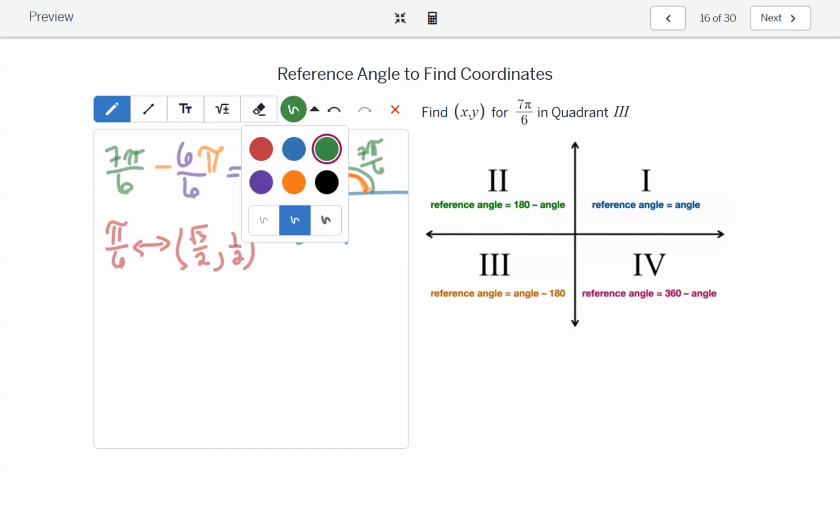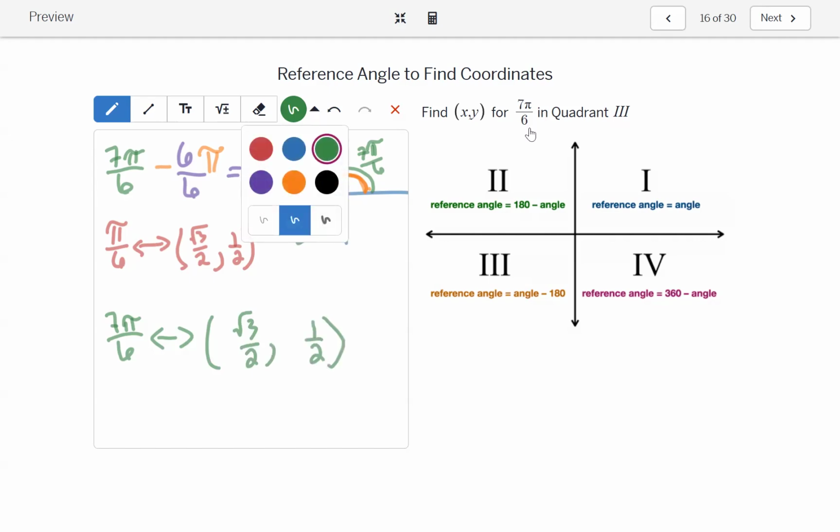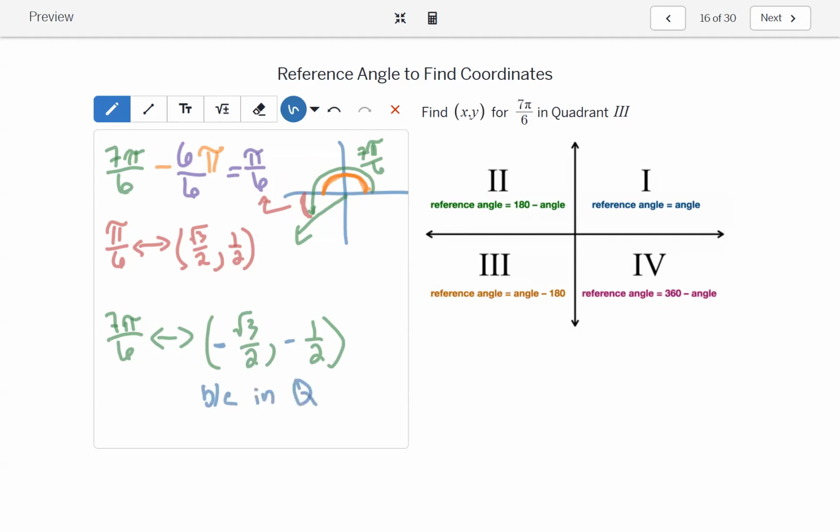So for 7 pi over 6, we're going to have the same numbers, the square root of 3 over 2 and the 1/2, but because we're in quadrant 3, we're going to make both of those negative. So that is the coordinates for 7 pi over 6. That's one of the ways to think through that.